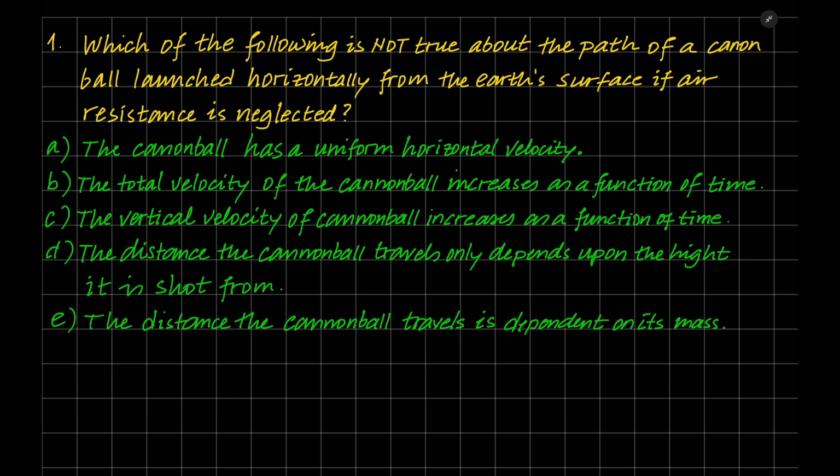Which of the following is not true about the path of a cannonball launched horizontally from the Earth's surface if air resistance is neglected? Let's first draw the picture of the motion. Let's say this is the cannonball.